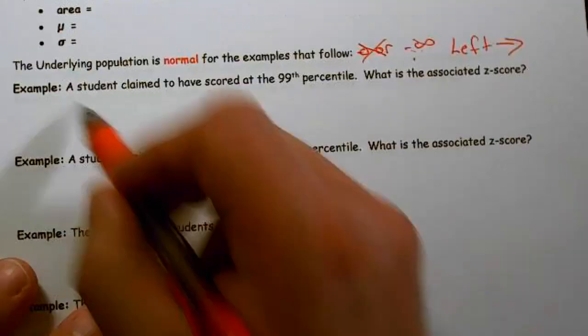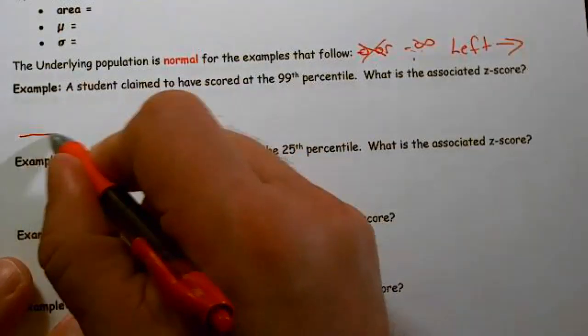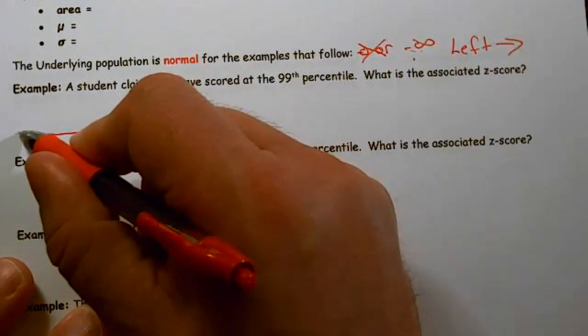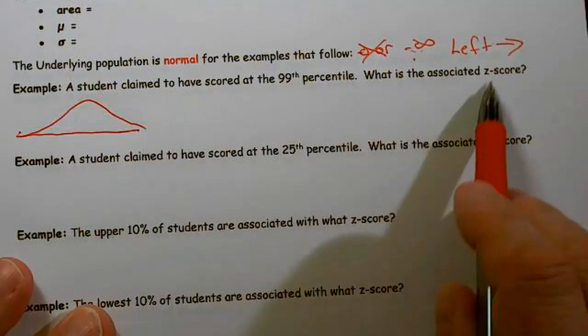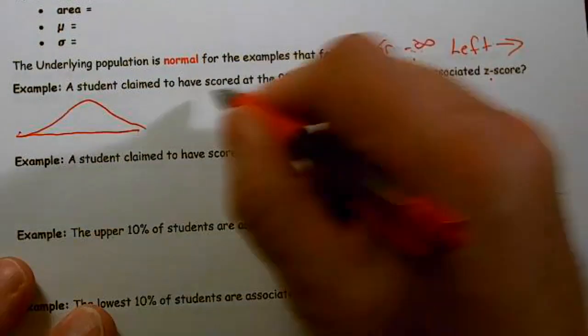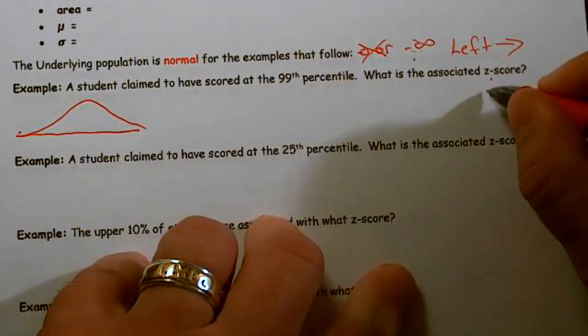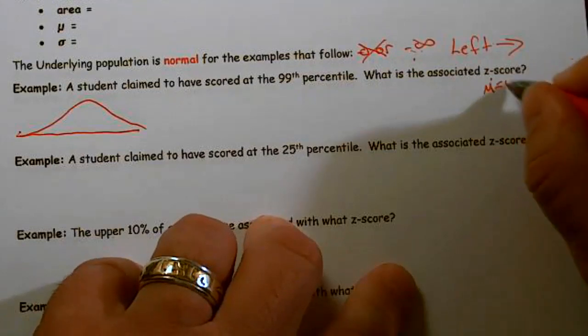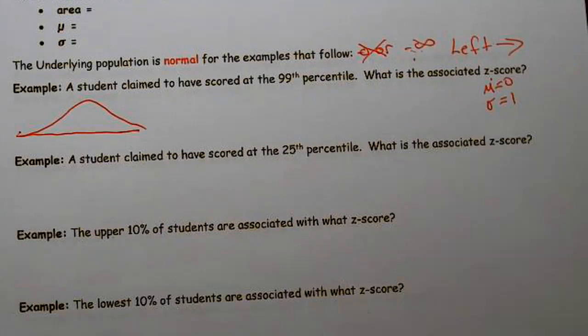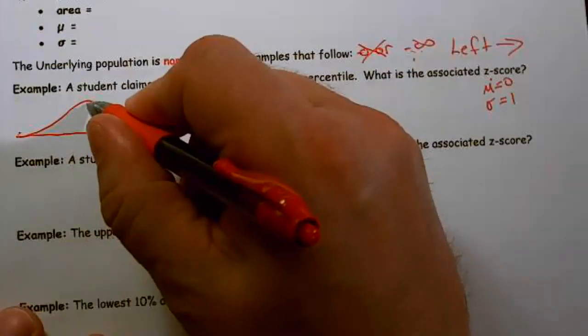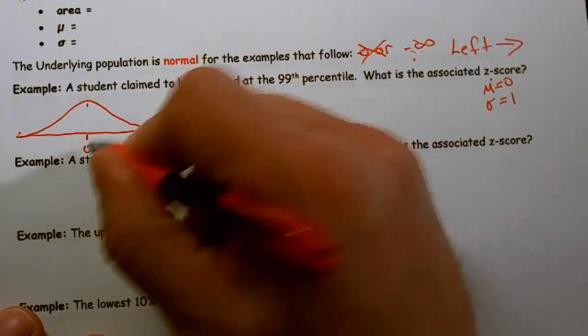So I'm going to go ahead and start by drawing my picture. We want a z-score, and please don't forget this, once again, super important: the mean is 0 and the standard deviation is 1 for all z-scores. So we know our mean right here is at 0.